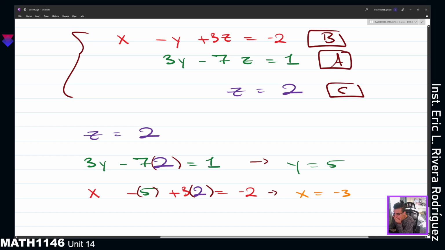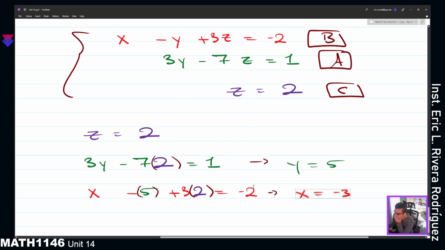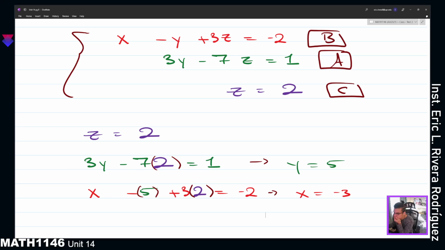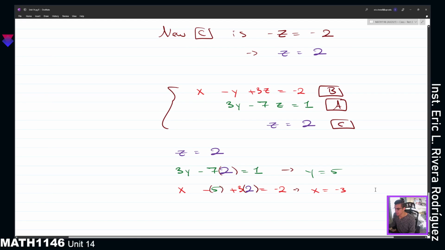So 6, 1, minus 3. Okay, so that is the solution of the system.